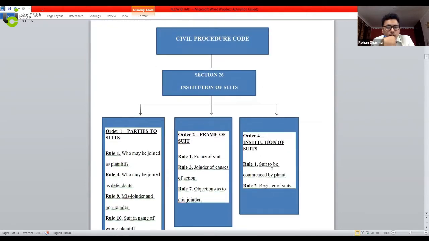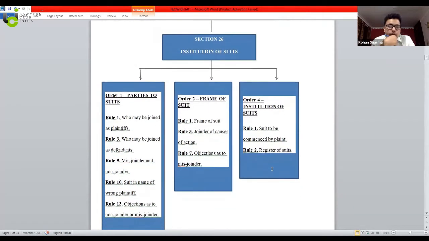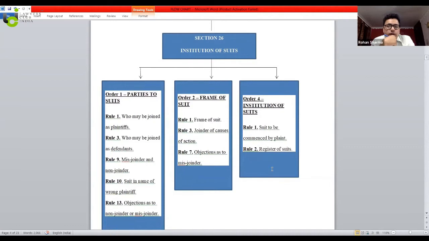Now, the major thing, coming to the main suit. When you're done with your drafting and you institute a suit, Section 26 talks about the fact that every suit has to be instituted by way of a plaint. Now, what is a plaint?